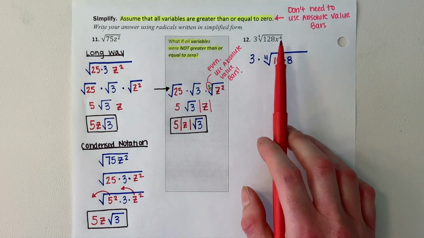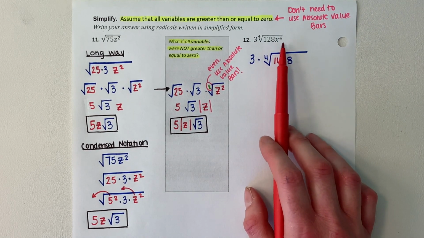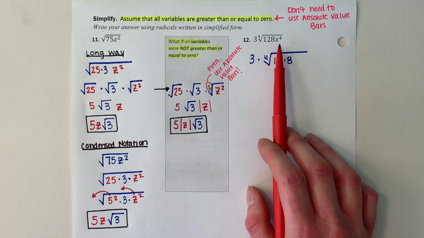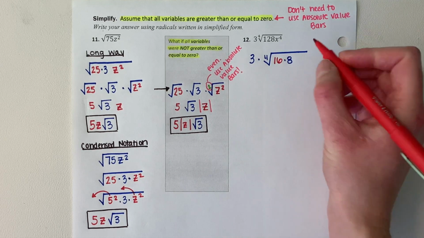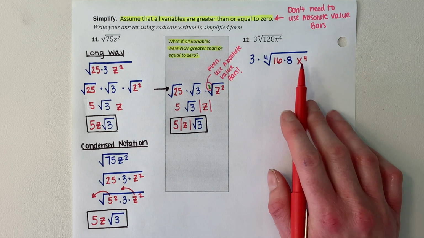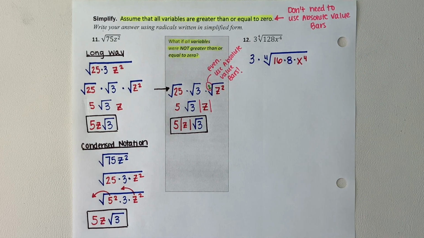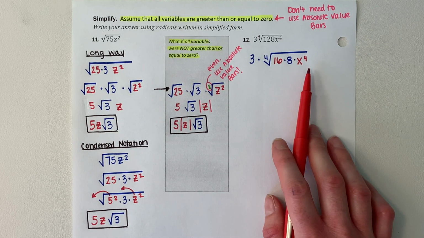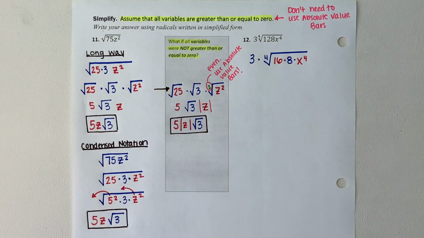Next, we're going to look at the variable. And again, the first question we ask ourselves is, is x to the 4th a perfect fourth? It is. We can see that because it's already written as some quantity to the 4th. Now, if we use the condensed notation, we're not going to break this apart into separate radicals.